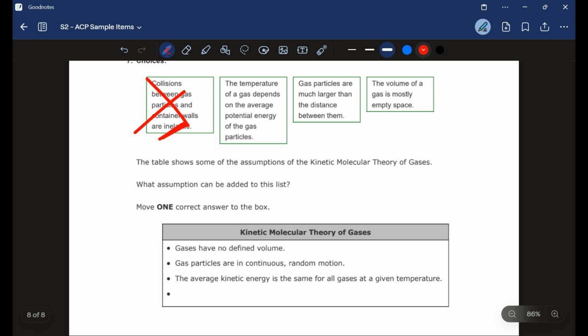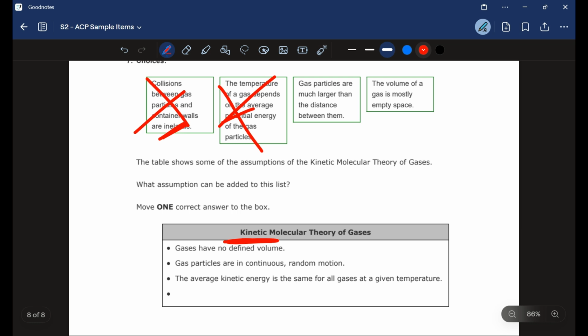The second one says the temperature of a gas depends on the average potential energy of the particles. We have not mentioned potential energy at all in this class. This is called the kinetic molecular theory of gases. So that's incorrect. So it can't be that one. Gas particles are much larger than the distance between them. That's not true.